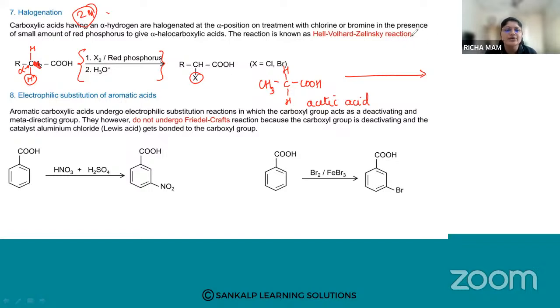With acetic acid, you can solve all the problems. So let me take the halogen as Cl2 in the presence of red phosphorus and followed by hydrolysis. What am I going to get?